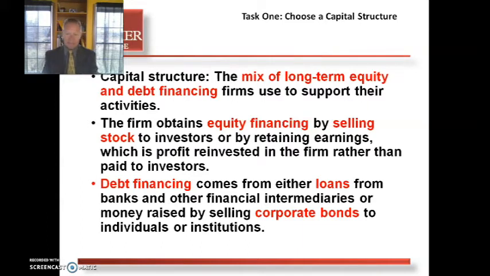For instance, equity financing, generally speaking, is a long-term solution. They obtain equity financing through selling stock. So as they issue shares of stock, they're going to bring money into the organization. The problem is they're going to dilute ownership. Again, supply and demand.